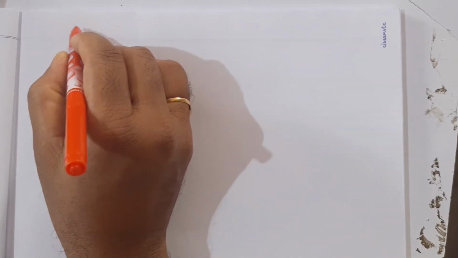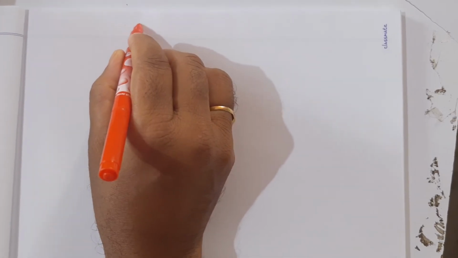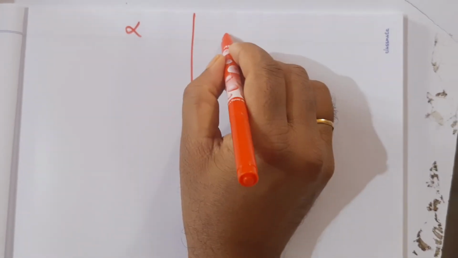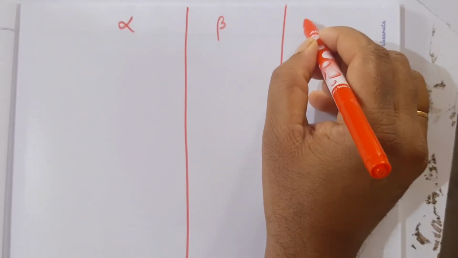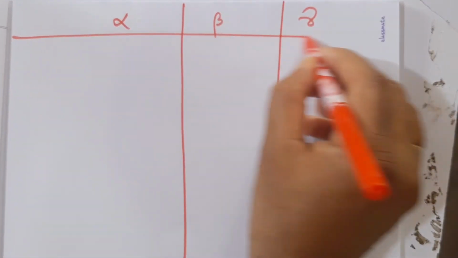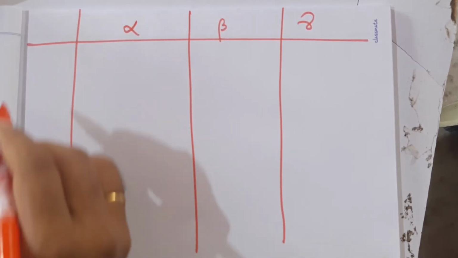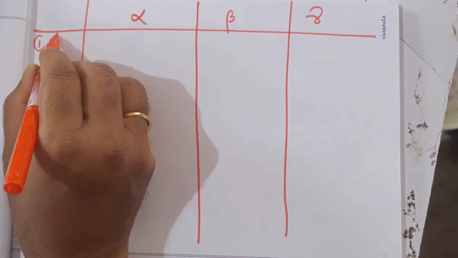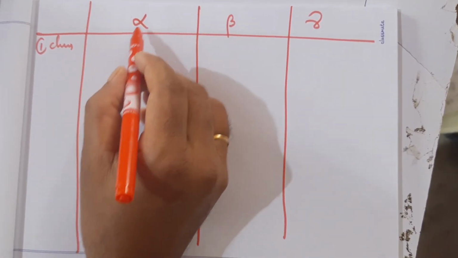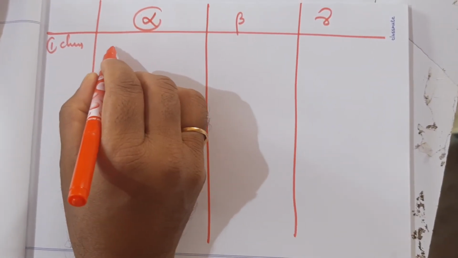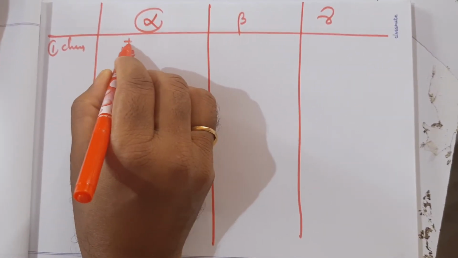Right. So out of these three radiations, alpha, beta, and gamma, if we compare the properties of these three, we can discuss that. The first, charge. What is an alpha particle? It is a helium nucleus, He plus 2.